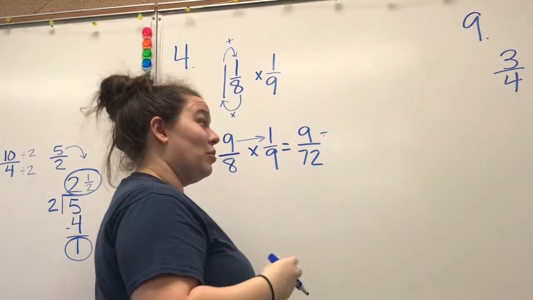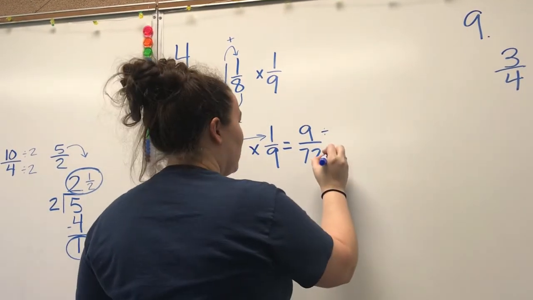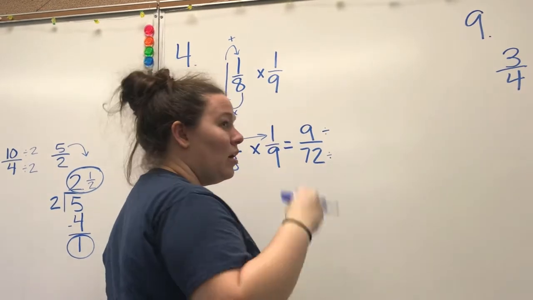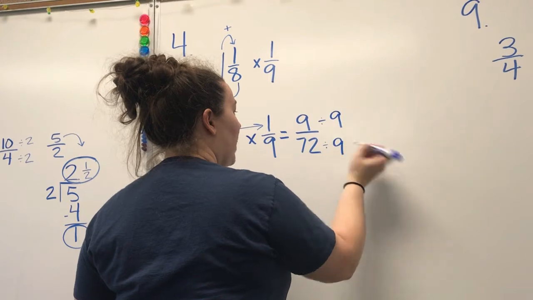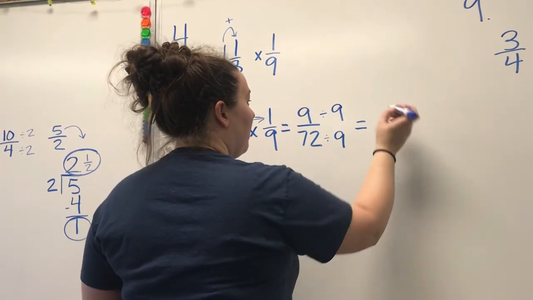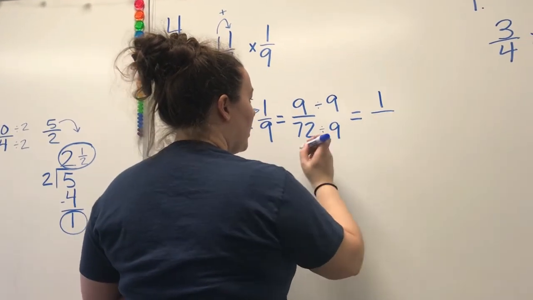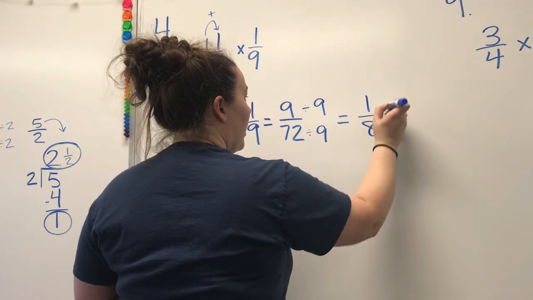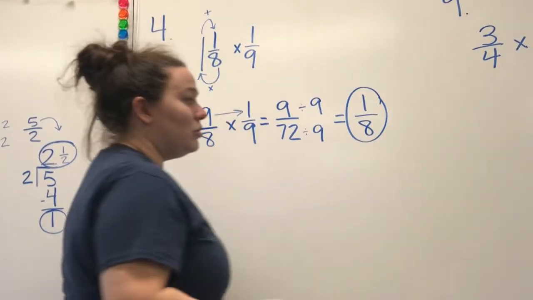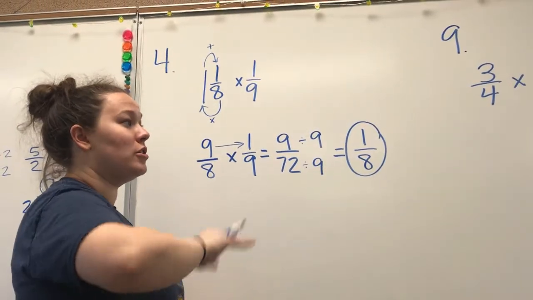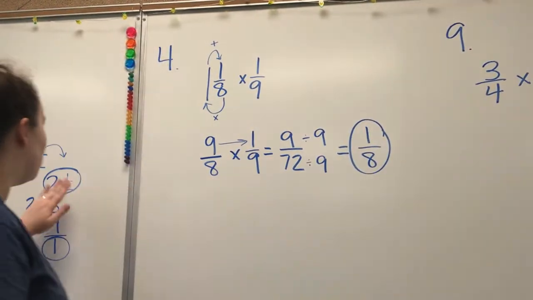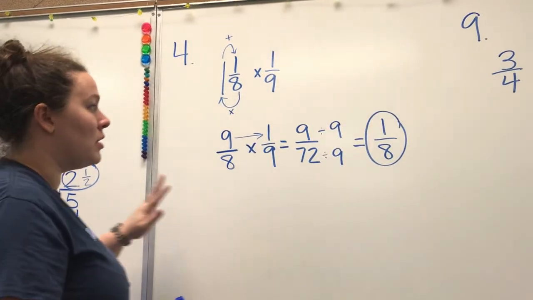I know that they have the number 3 in common. I also know that they have the number 9 in common. I'm going to skip up to my larger number. So divide by 9, divide by 9. My new one is 1/8. I don't have to reduce that. That's in its lowest form, and it's not an improper fraction, so I don't have to push it to the right like I did on this other one.